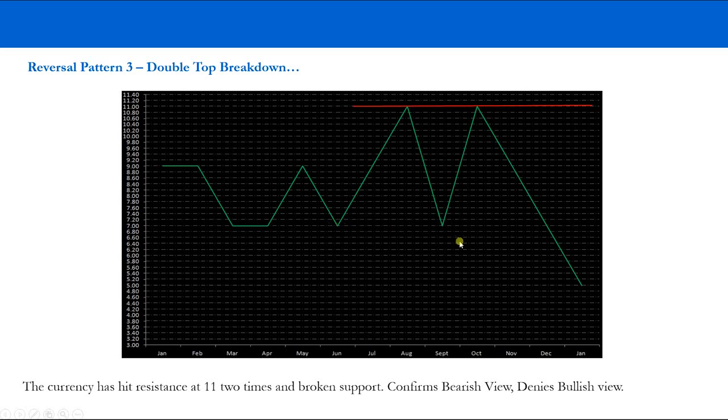This is a very similar analysis to our range trading currency pair that we were looking at earlier. Basically, the currency has hit resistance at 11 two times and then broken support. This obviously confirms our bearish view but denies a bullish view.